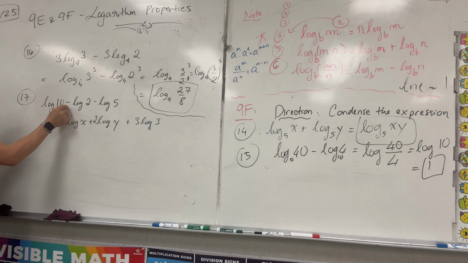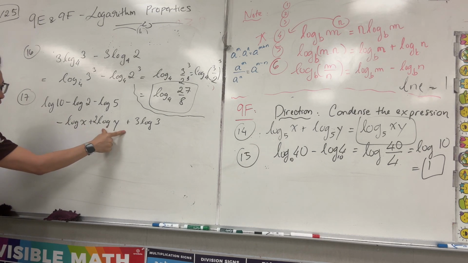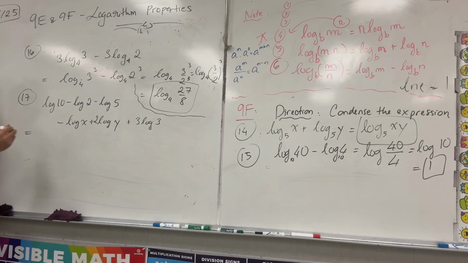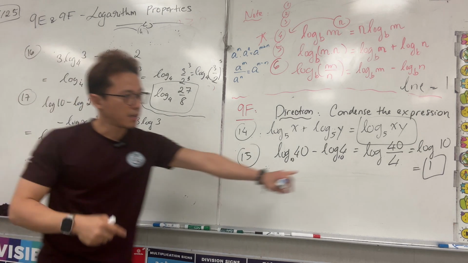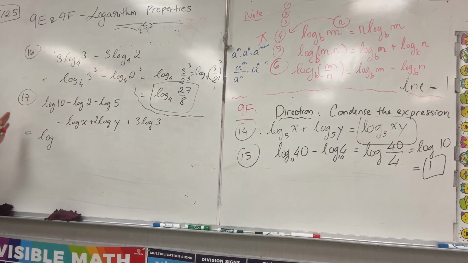So log 10 minus log 2 minus log 5 minus log x plus 2 log y plus 3 log 3. Whenever you see minus, put it on the bottom. When you see plus, put it on the top. Is it plus or minus for the first one? Plus, so start with the log. Log 10 is 1, but don't change it yet, because if you change it, they don't have the same base. You need to keep it like this so that you can combine them first.